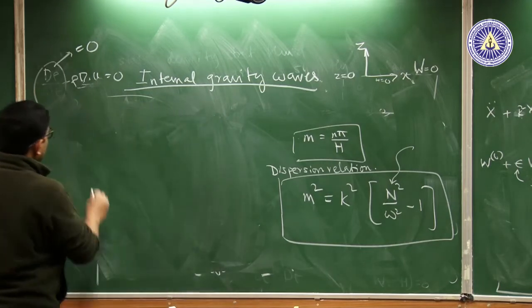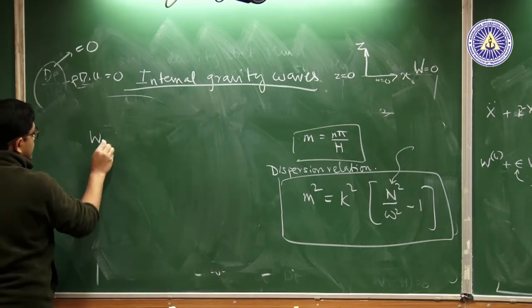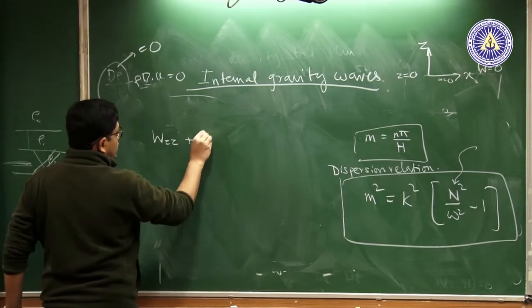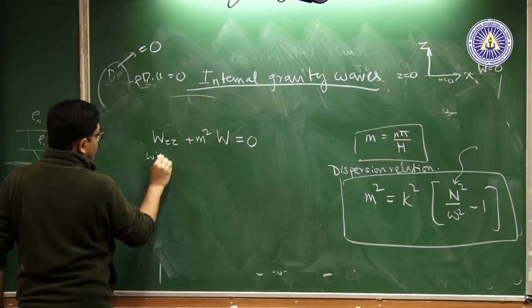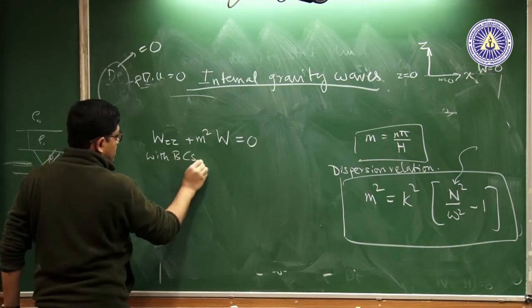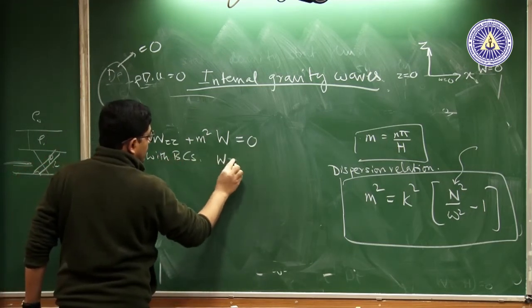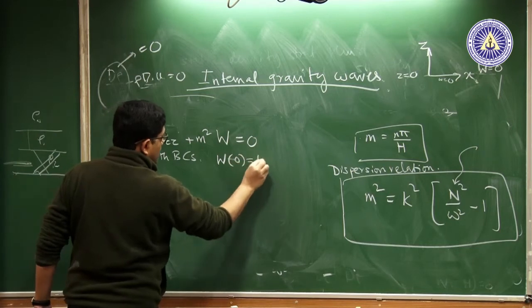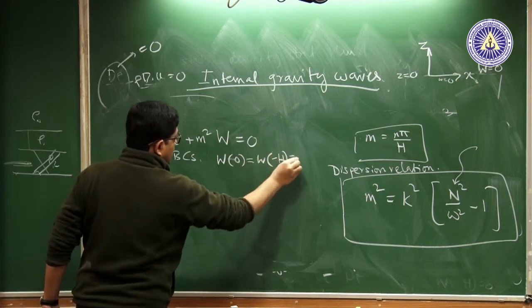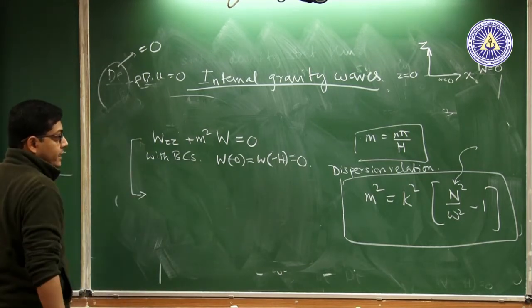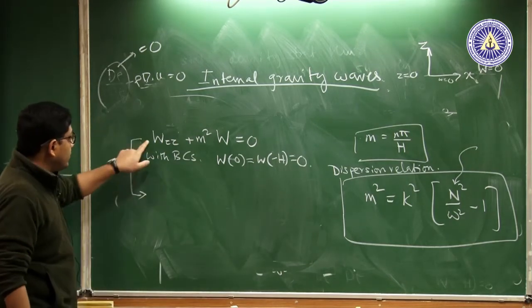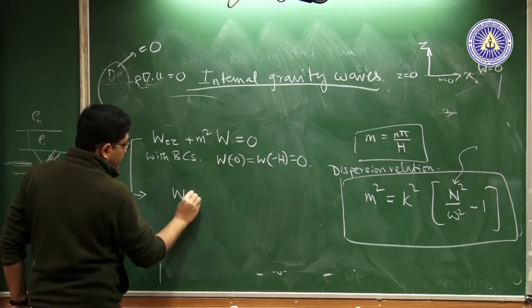So one thing is your equation is W_zz plus m square, which is now constant, W equals 0, with boundary conditions W is 0, right, and so what kind of W's are allowable?